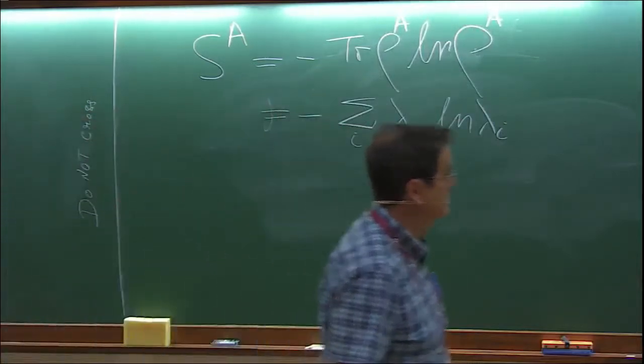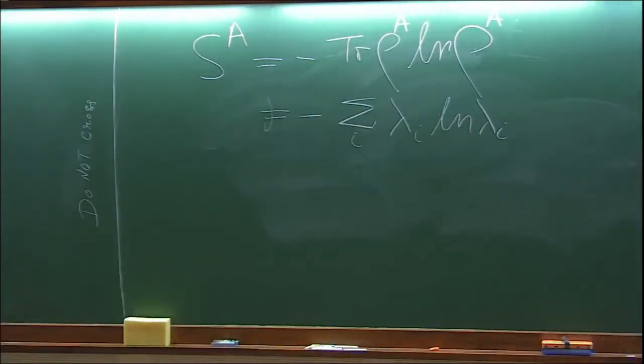So I leave it then as an exercise to the student to consider the case of 2 qubits, with a state like this, but where this constraint is satisfied, and compute the von Neumann entanglement entropy by diagonalizing the 2 by 2 matrix for rho A and seeing that this gives 0.